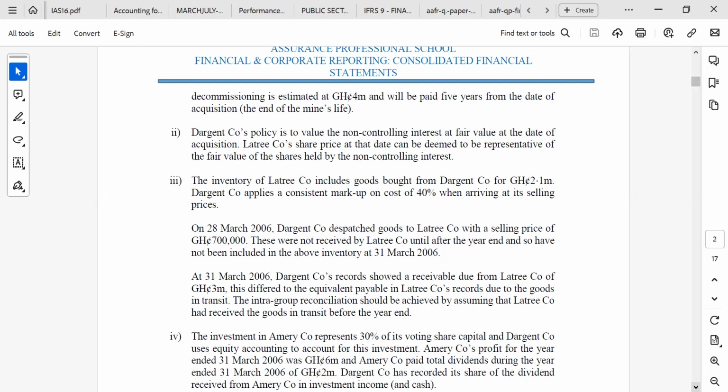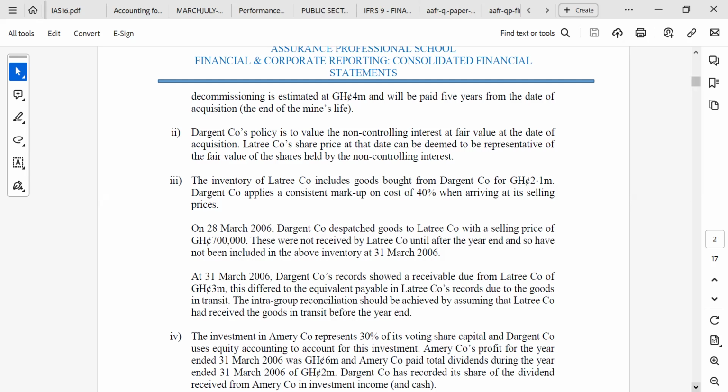Okay. So they are saying that Targent Co applies a consistent markup on cost of 40% when arriving at selling prices. Markup is applied on what? Cost. And what are we given here? Is it the cost price that we are given, or the selling price? We are given the selling price.